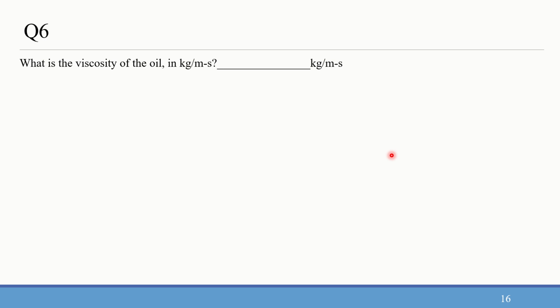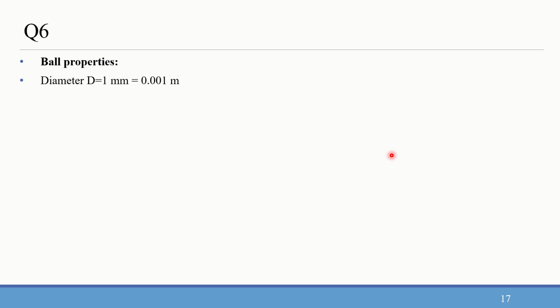So now what we are going to do? We are going to substitute that. First let us write what is given. In the ball properties, it is mentioned that ball diameter is 1 mm or 0.001 meter, and its density is 6590 kg per meter cube.